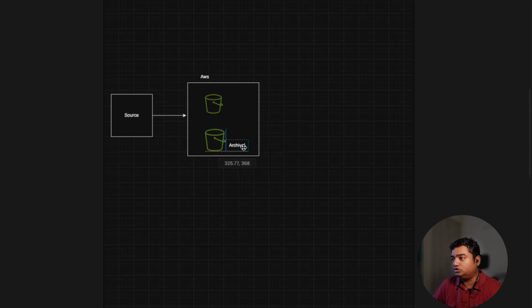The column will contain the exact JSON file as it is, and the third will be at which time that particular job has loaded it. So this becomes your raw landing zone. So this contains the raw data.